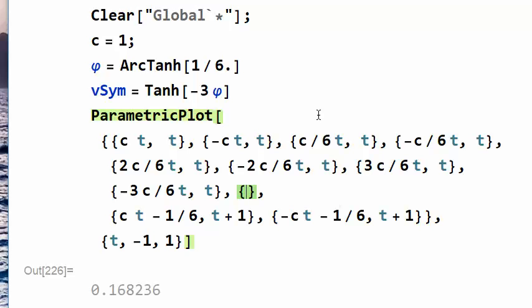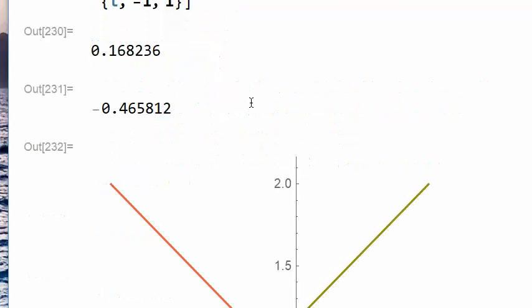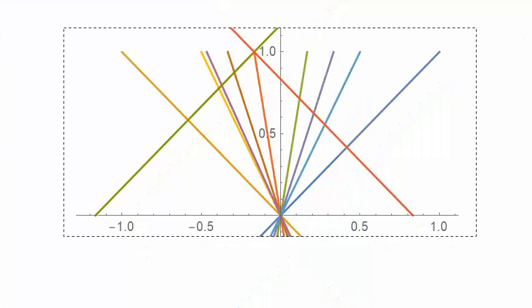Then I'm going to put V symmetry times t, comma, t down here, and see if we can identify that line in the diagram. Okay, it's very close to the line that we had before, but it's a little bit further away. So once again, let's put those labels in.